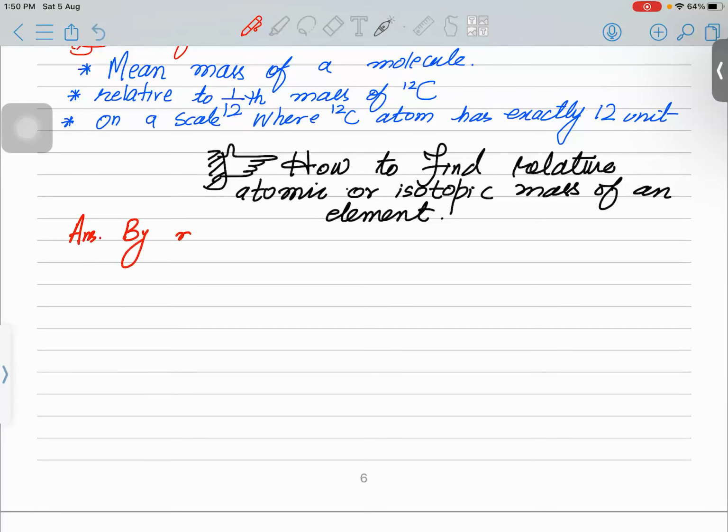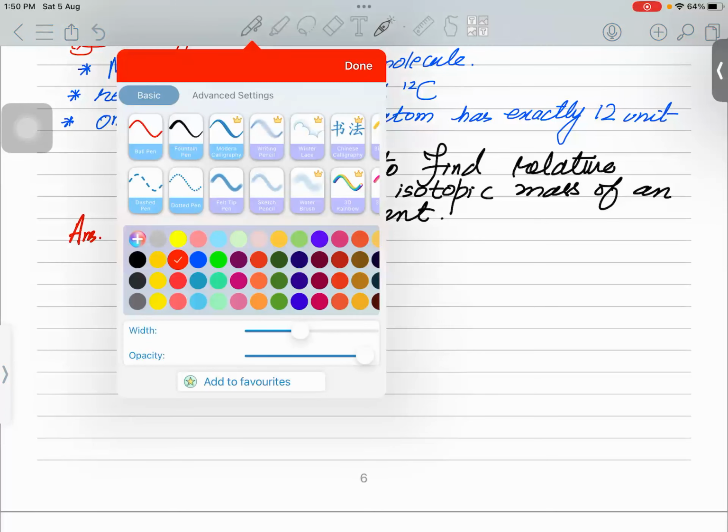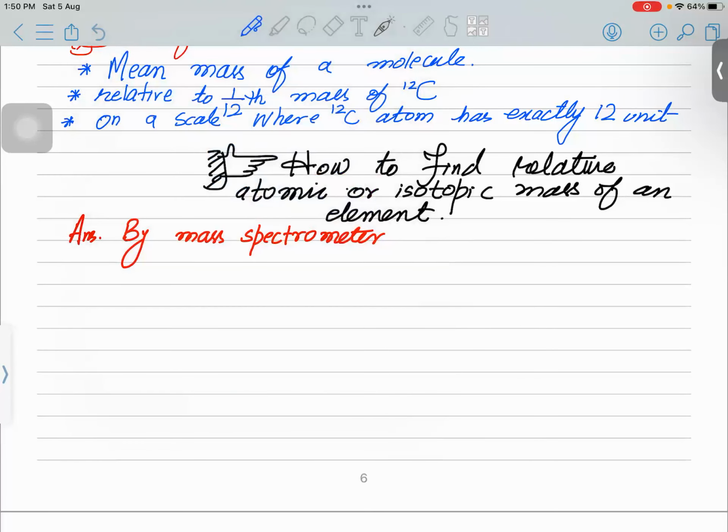By mass spectrometer. What is a mass spectrometer?